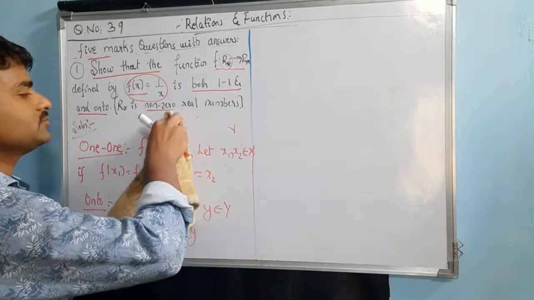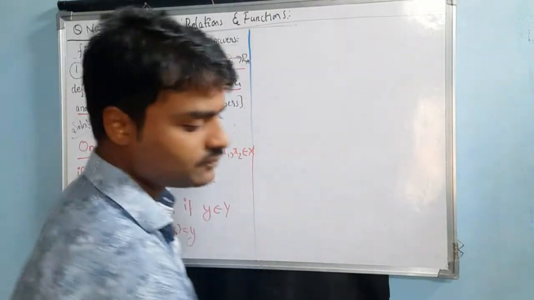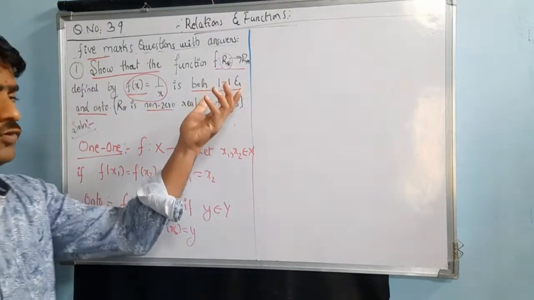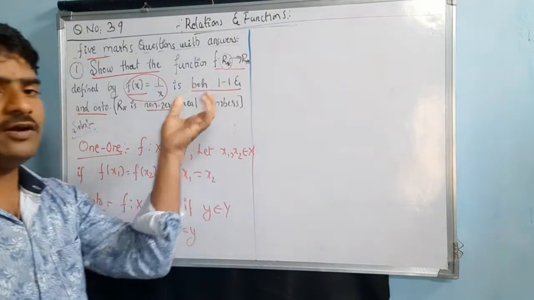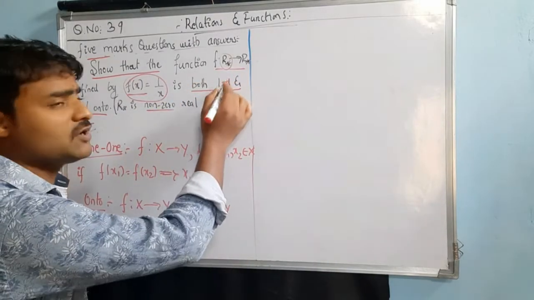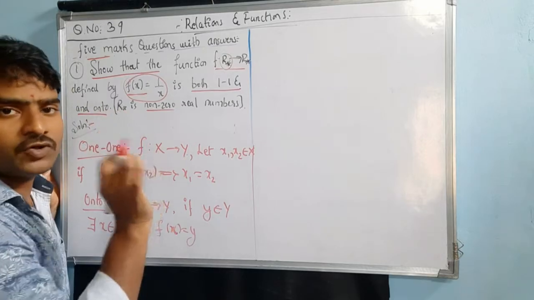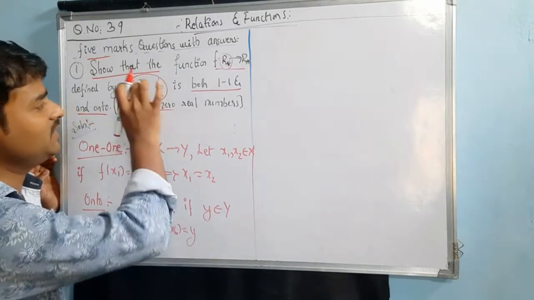Got it? So see here, before proving one-one and onto, you must know the definition of one-one and the definition of onto. Then I can easily crack this question.